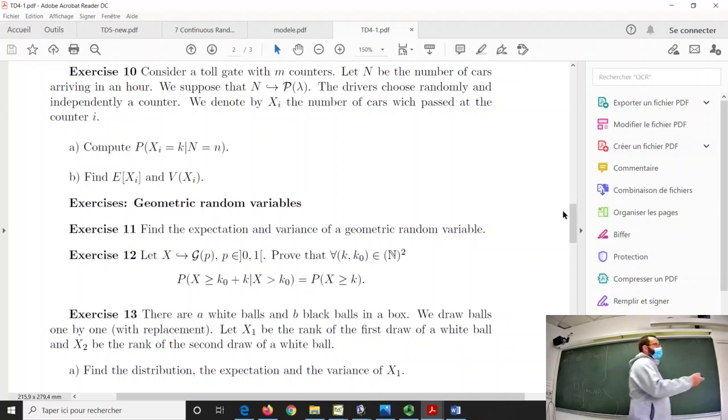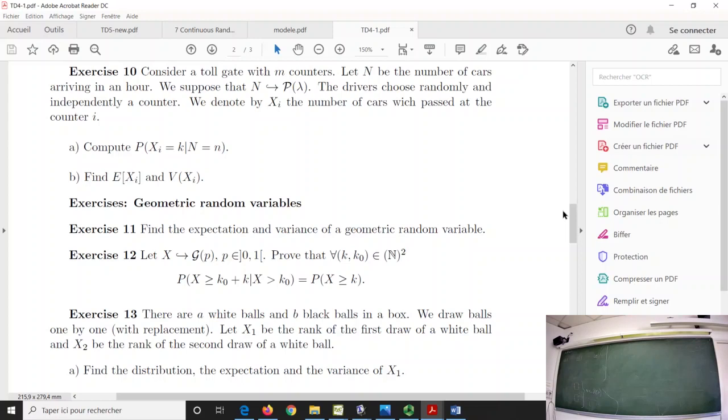No. What you do here is that the drivers choose randomly and independently a counter. So it means that what happens for each car is independent. It is the meaning of the statement. So it doesn't mean that the number of cars is independent of the Xi.